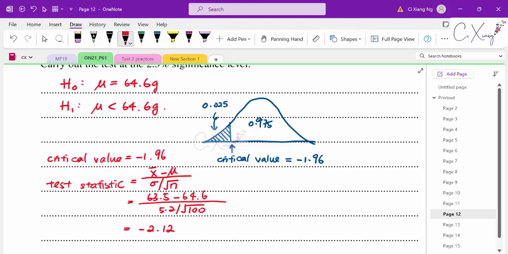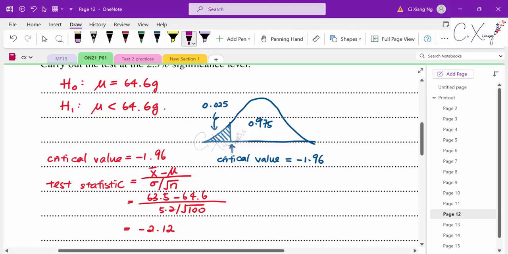After you get the test statistic and the critical value, now you want to make a decision. Before that, you need to look at where your test statistic is located. The test statistic is negative 2.12. If you put it inside the graph, the critical value is negative 1.96.